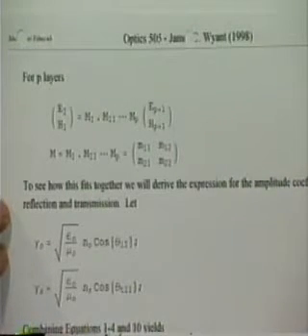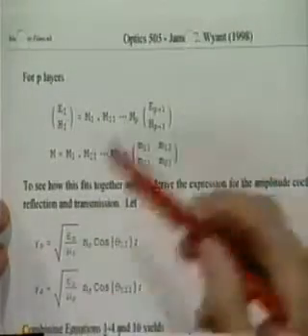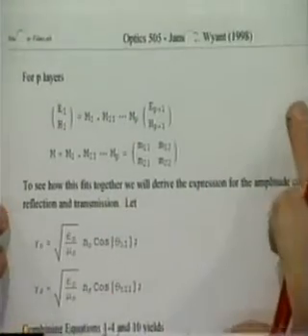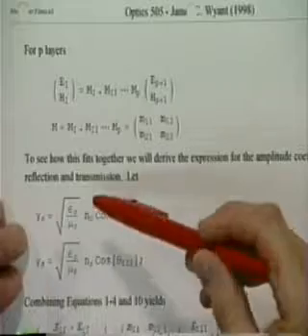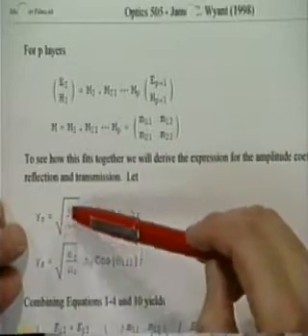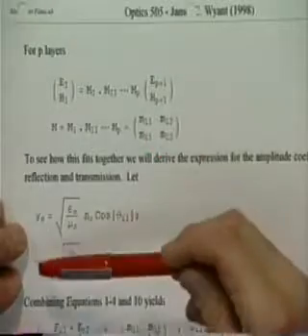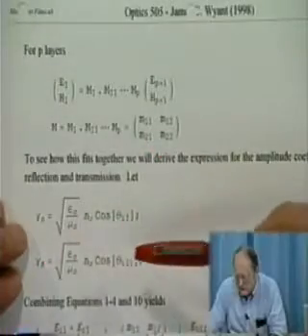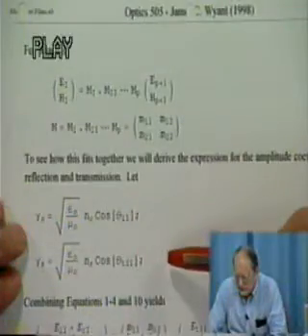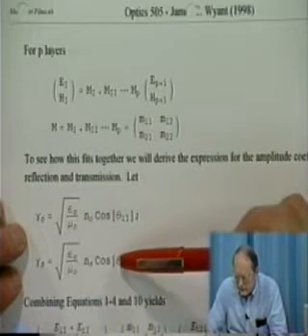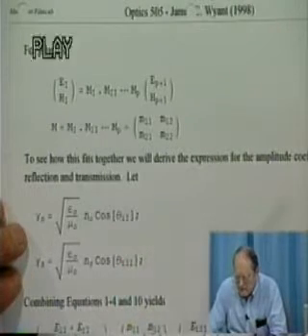And so what we will do here is first we'll make a little definition here that gamma naught is square root of epsilon naught over mu naught n naught cosine theta I1. Gamma sub s, same thing, but n sub s and theta T2.